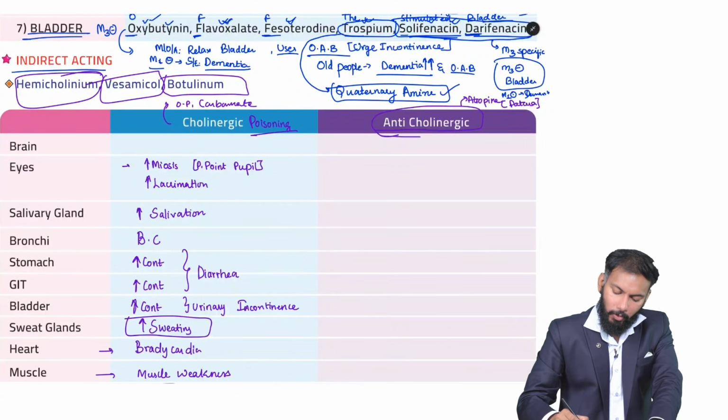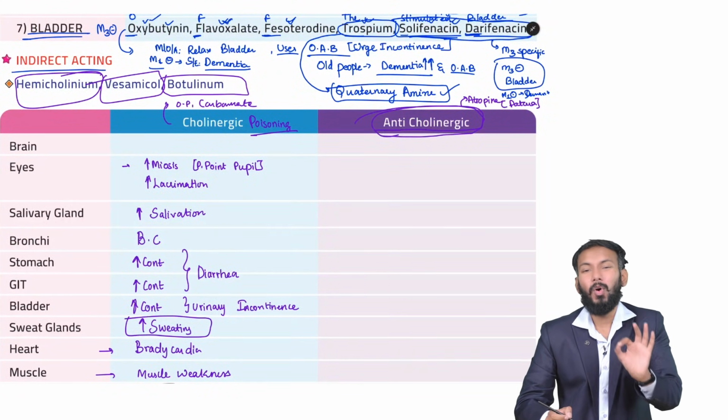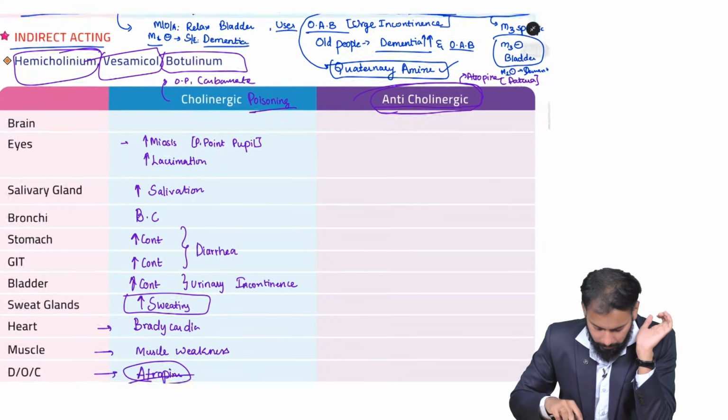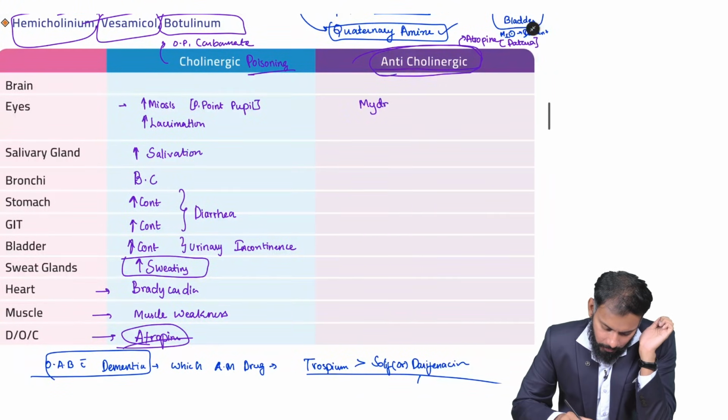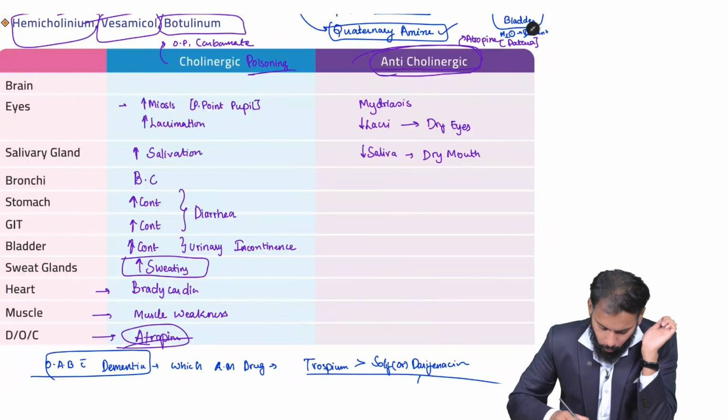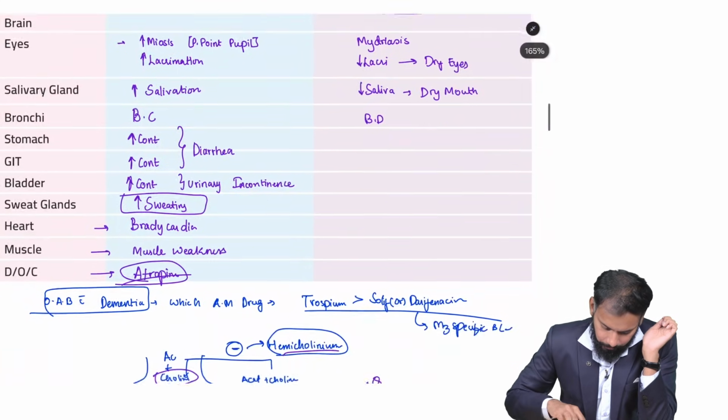it can cause anti-cholinergic poisoning. So what will be seen in anti-cholinergic poisoning? Exactly opposite to cholinergic poisoning. Here the patient will have mydriasis, decreased lacrimation, decreased salivation. So if there is decreased lacrimation, there will be dry eyes, decreased salivation, dry mouth, bronchodilation.